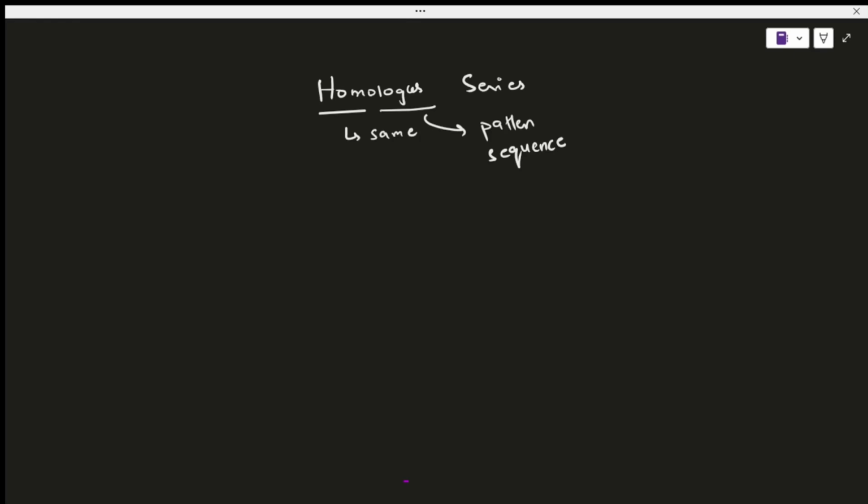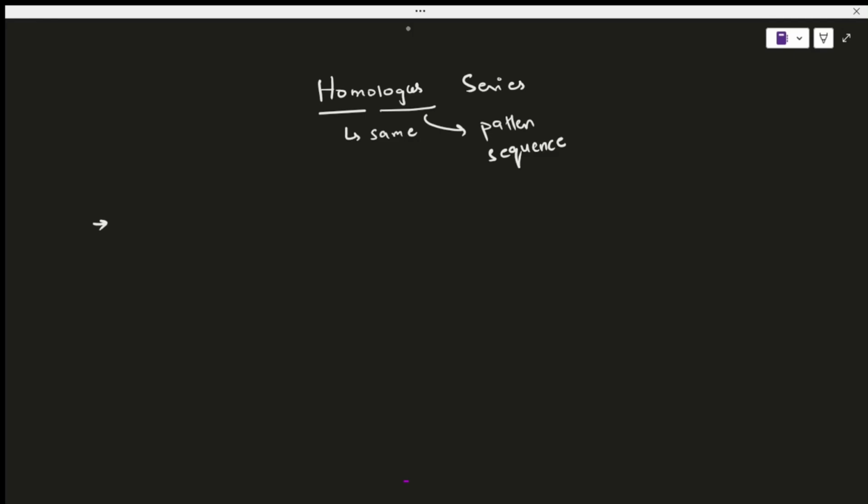And before we go into that, I'll just write down some of the names of the homologous series families that you're going to be studying in this entire organic chemistry series. You might not know them right now, but I'll explain it in a way that you'll get the idea of what the homologous series is.